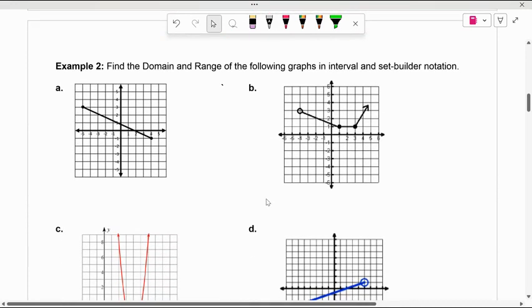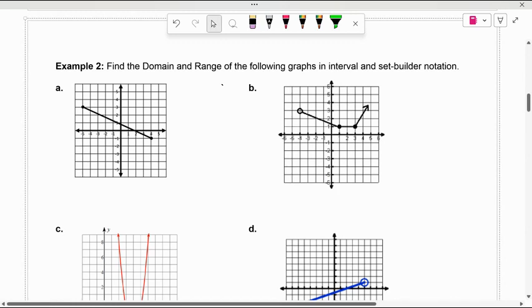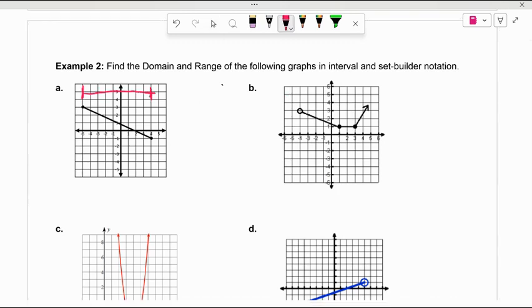So find the domain and range of the following graphs in interval and set builder notation. We'll keep this color for a bit. So letter A. If we're looking at x values, it's just from here to here. It's just a number line. So set builder notation, this is domain, is x, and we have to use x, so we're talking about x values, such that, well, negative 5 less than or equal to x less than or equal to 4.